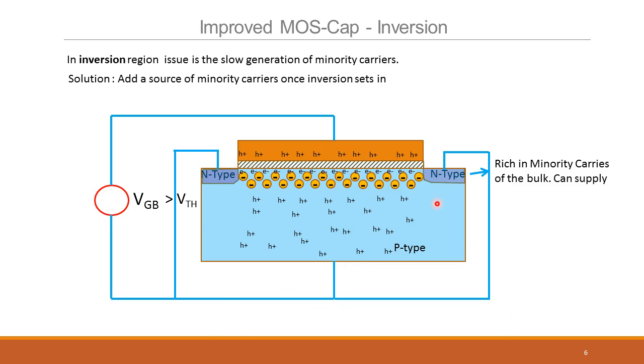Remember, this is anyway a PN junction, so there is no problem here, so long as it's zero bias. If you forward bias, it's a problem, then you'll get current between these two terminals. That is the only thing you need to take care of, but since it's zero, it doesn't matter. You can just connect it like this. So the capacitor VGB is now between this and this inversion region, which is now connected to the external world by these n-type regions. So the resistance also is much better now.